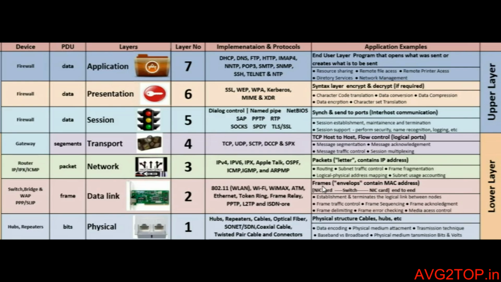Resource sharing, remote file access, remote print service, and directory services are some of the services that are provided using this application layer. And some of the protocols such as DHCP, DNS, FTP, HTTP are very commonly used on the server side.